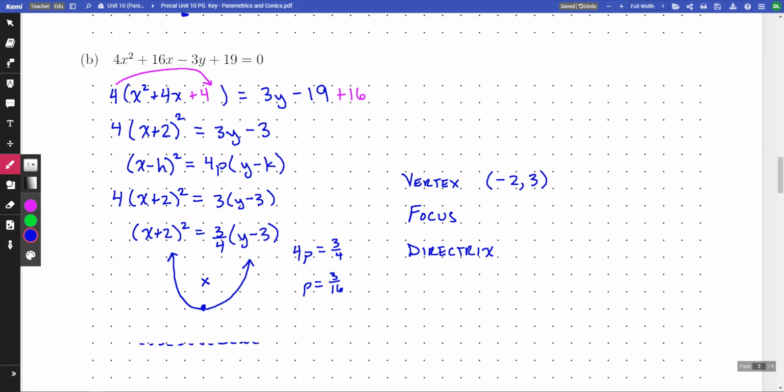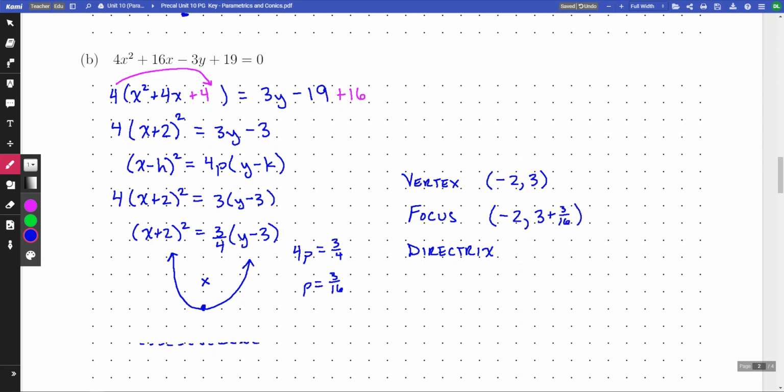That's okay, it's all right if I have a very small value. But I know that p is going to be the distance from my vertex to my focus. So for my focus, the x value is -2, and the y value is going to be 3/16 above 3. So I'll just say 3 plus 3/16.